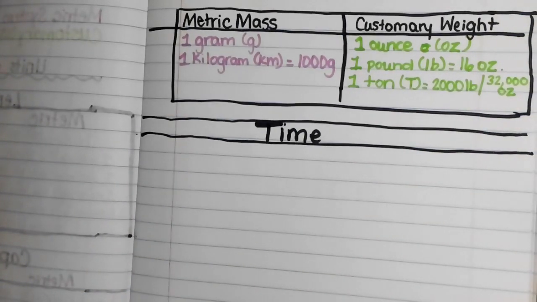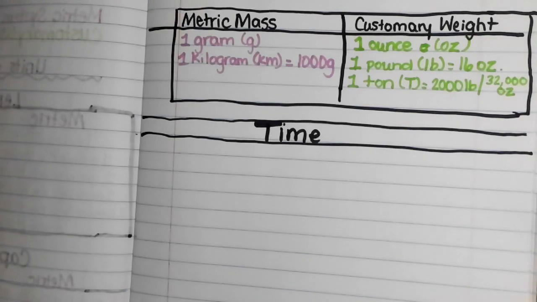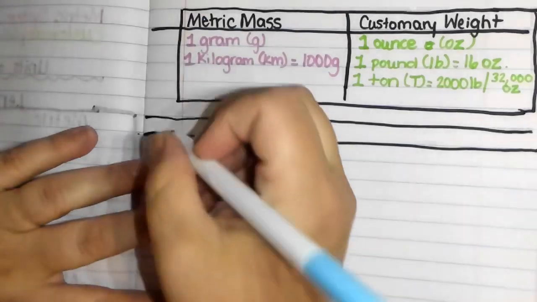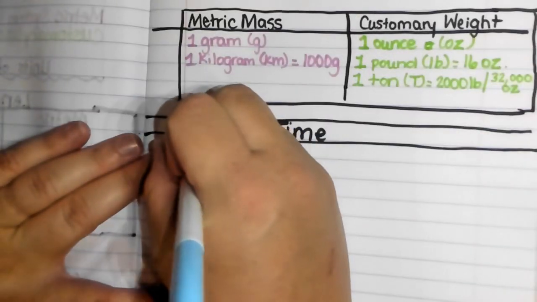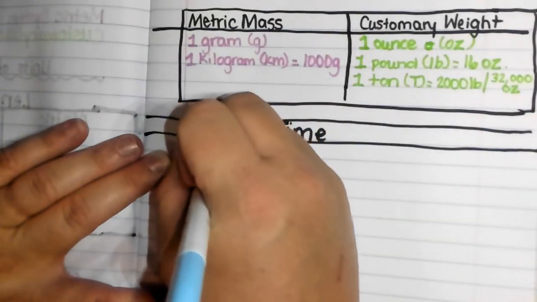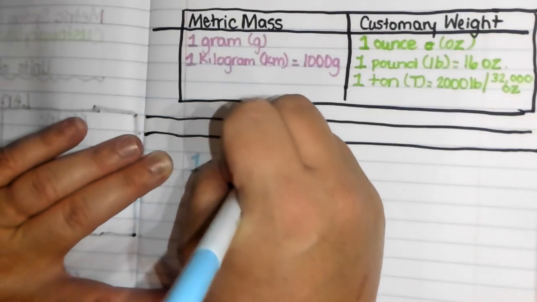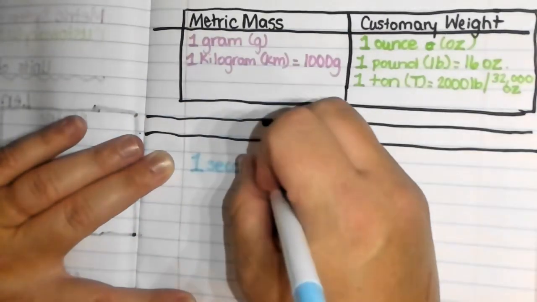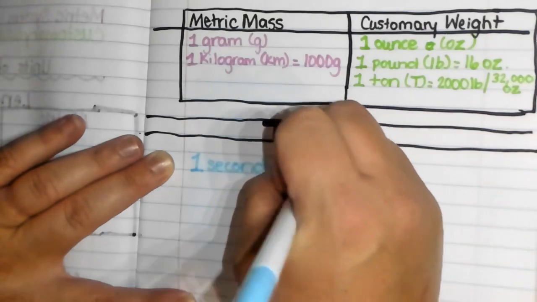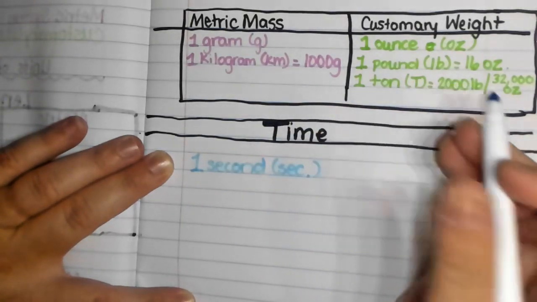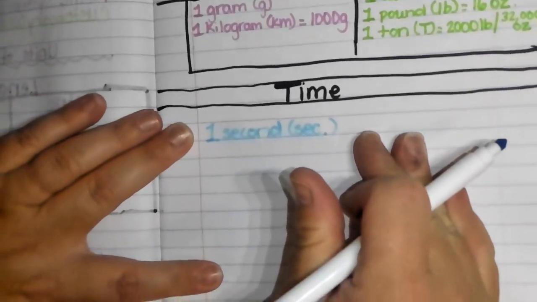So, the smallest unit of time is 1, and I'm going to use a different color to do this. The smallest unit is a second. So 1 second. Second is abbreviated SEC. And that is the smallest unit, so it doesn't equal anything right now.